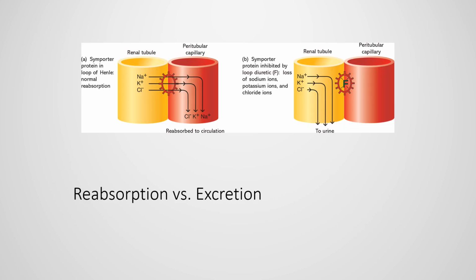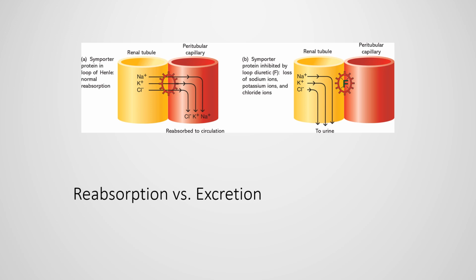Okay, so there's a couple of terms that it's a good idea to know. Reabsorption means that you have fluid in your nephrons that's been filtered at the glomerulus, and you have electrolytes and water in your nephron, and when it is reabsorbed back into the bloodstream, that's called reabsorption.